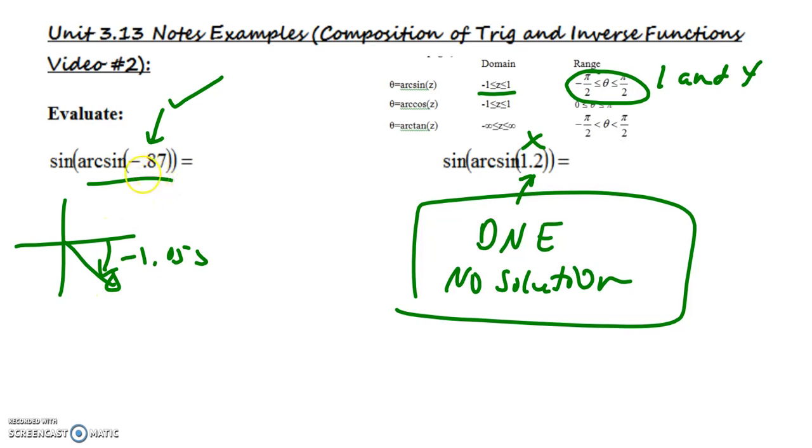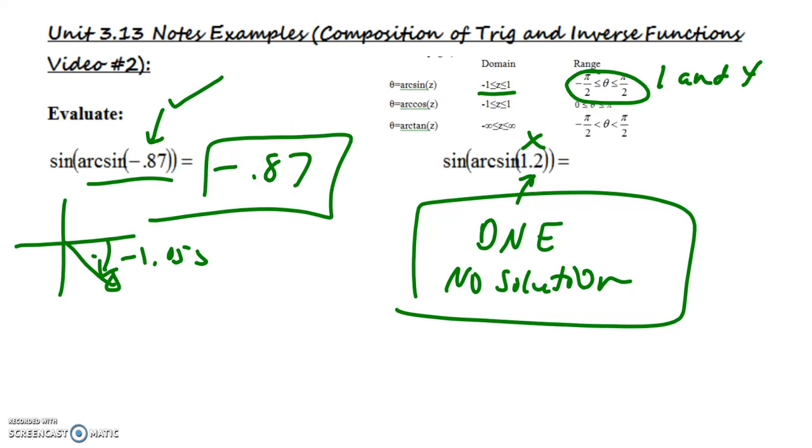So because negative 0.87, that ratio ends in the fourth quadrant, and because I'm taking the sine of the arcsine, these are inverses, and because this angle is within the restriction, as we saw in the previous video, when you have an angle that's in the proper restriction area, it comes out as the same again. So our answer is negative 0.87 for this one, and it does not exist for that one. I like when this happens, but it has to be in the restriction values, otherwise you may not get in the same quadrant.